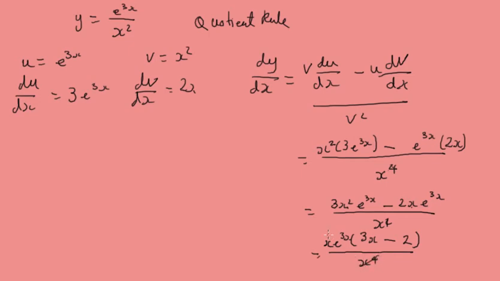So this will cancel with this, and we'll be left with, I'll write the answer here because I've run out of space, 3e to the 3x minus 2 all over x cubed.